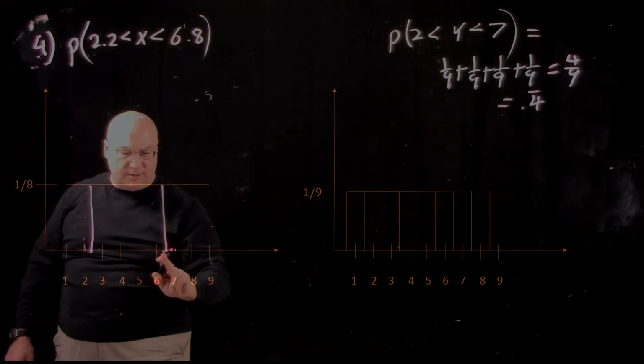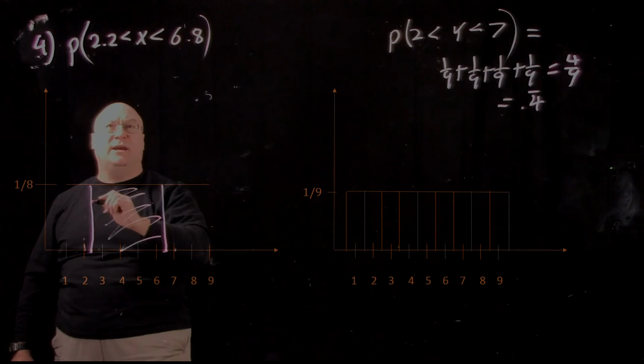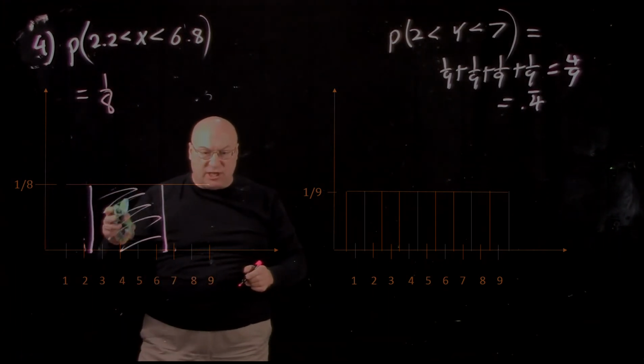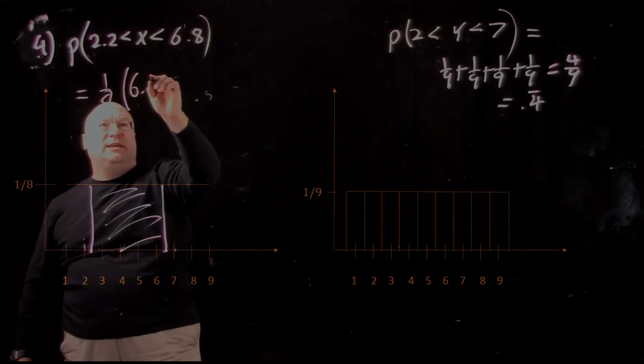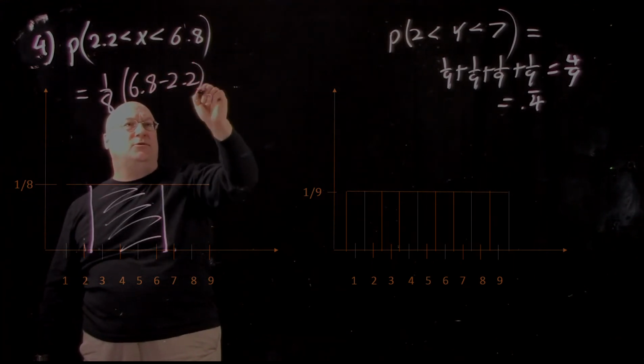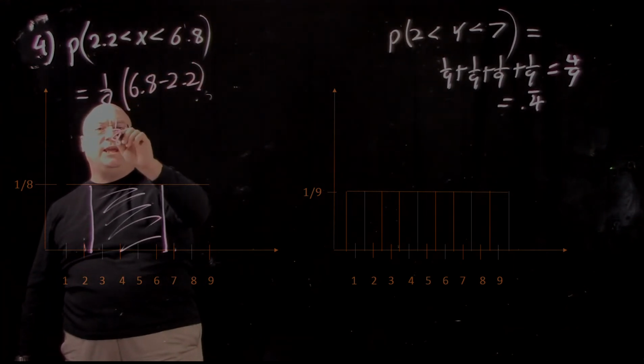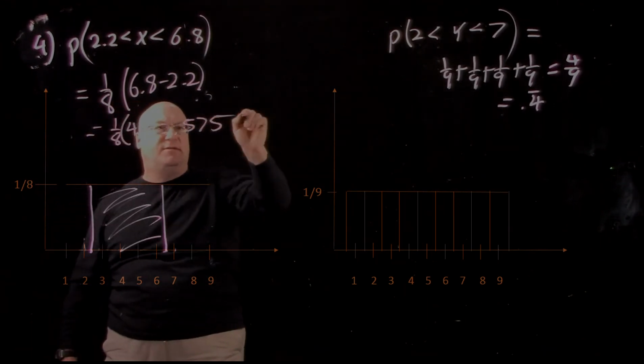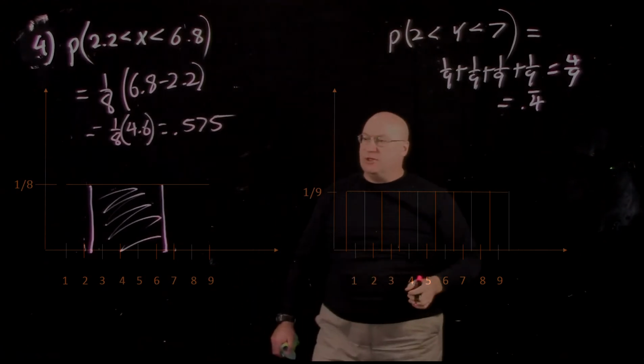So I'm going to get this area, and the height is 1/8. The width is now 6.8 minus 2.2, so that's 1/8 times 4.6, which is 0.575. So there's the probability.